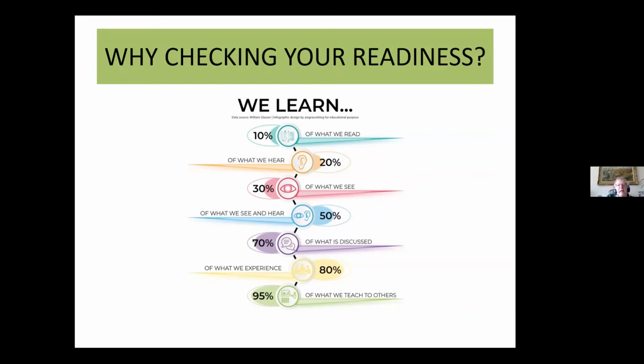We say that 10% of what you learn, you can find by your readings. 20% by what you hear, like today or tomorrow. 30% on what you see. 50% of what you see and hear. 70%, that's rather important, on what you discuss. 80% of what you have experienced, and then on what you teach to others.